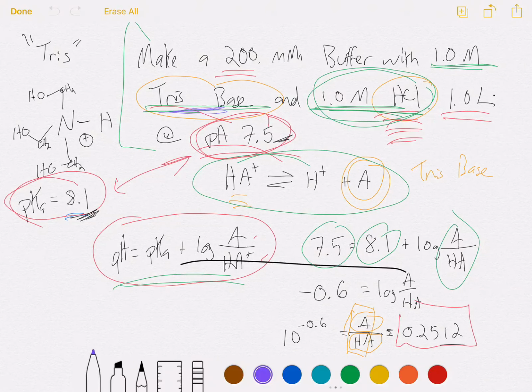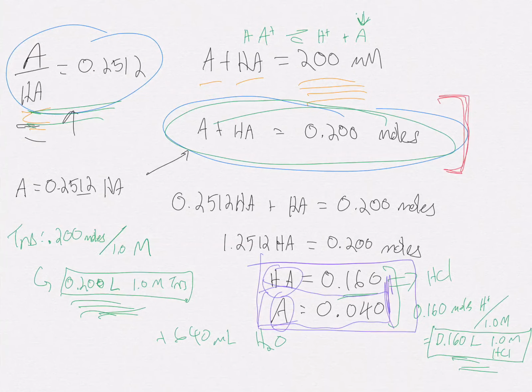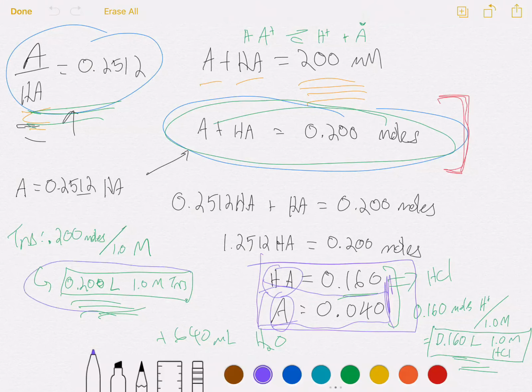You're given tris base, which you know if that's the base, it has to be that member of the conjugate pair, and hydrochloric acid, which isn't HA or A, but it's a way to turn A into HA. So you have the appropriate molar quantity, and therefore all of your tris comes from tris itself, and then a certain amount of it is protonated.